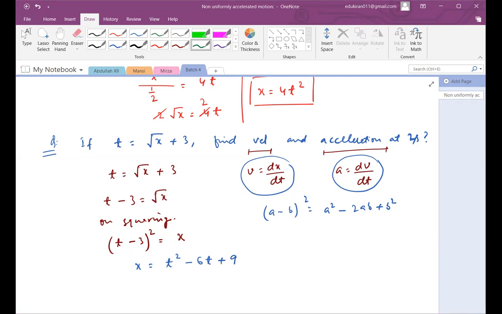So is it correct? In the question, I have just asked you to find velocity at t is equal to 2 seconds.